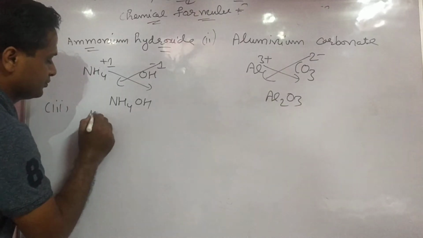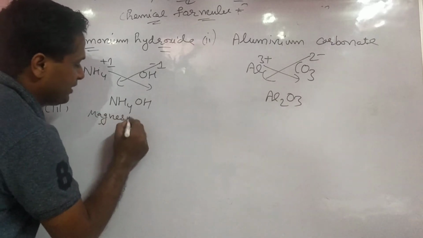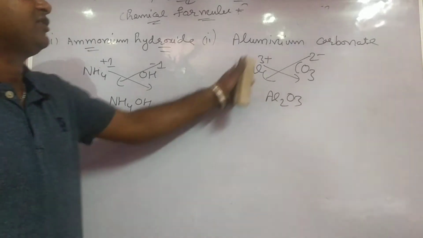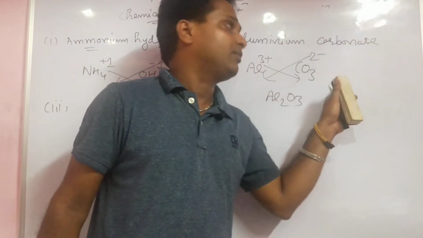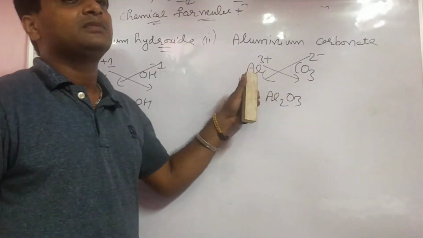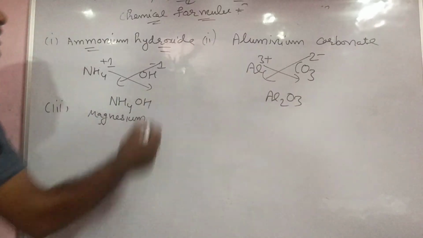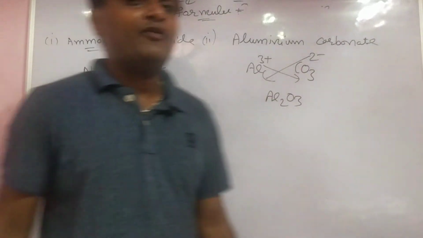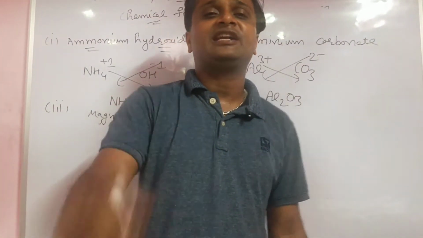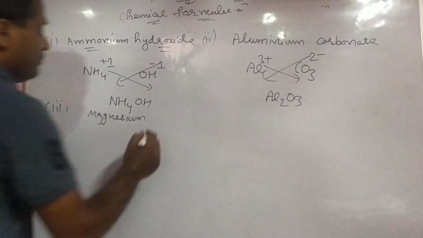Magnesium. Keep in mind, always cation come on the left side, positive one, and negative will come on the right side. Positive will become the basic radical and negative one will the acid radical. These all are the radicals. The atom or the group of ions which have the charge, that is called radical.